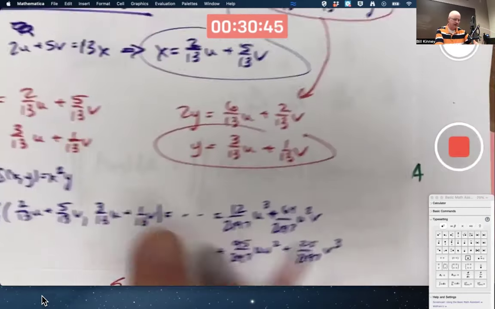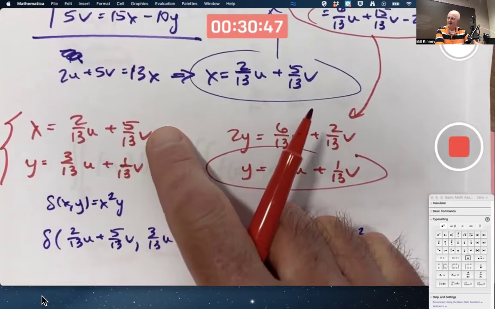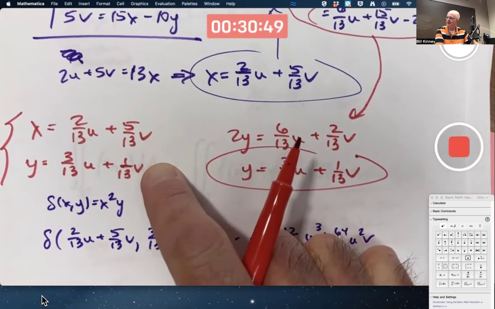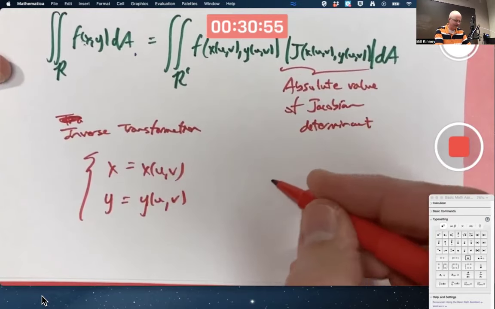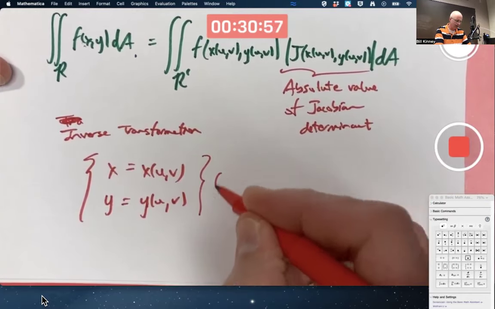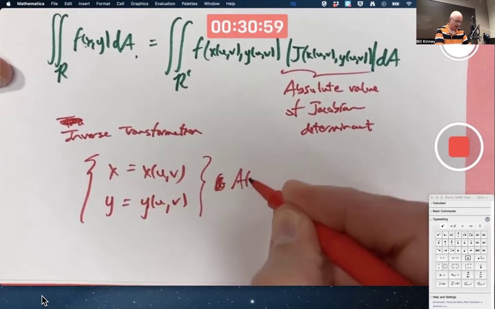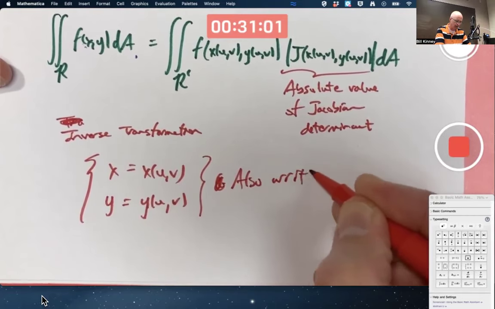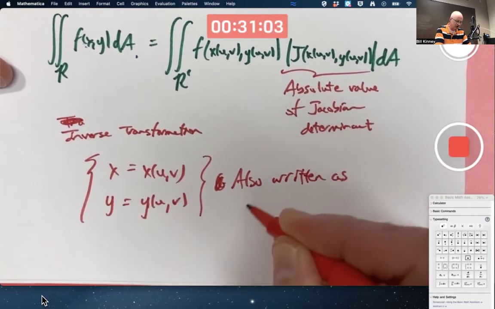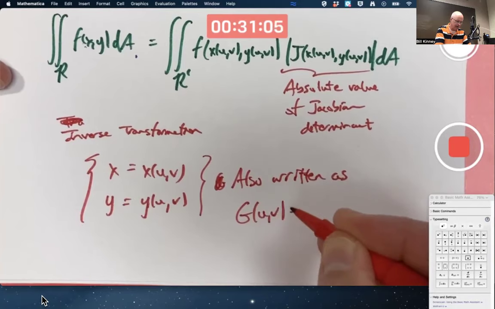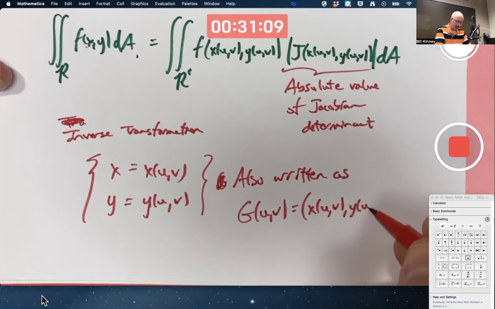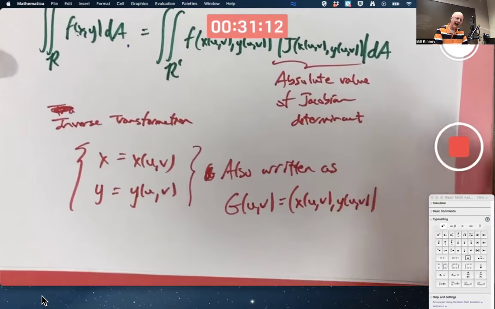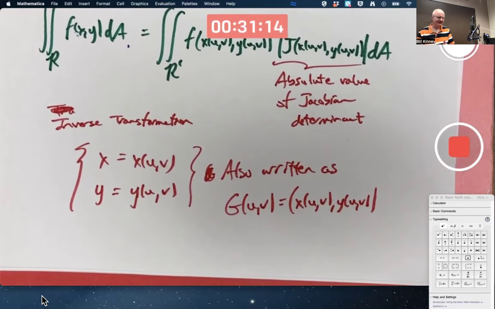For our example, the transformation was this. This was x of u, v and this was y of u, v. This is also written in the homework problems as g of u, v equals x of u, v, comma, y of u, v. Though I actually prefer writing something else.